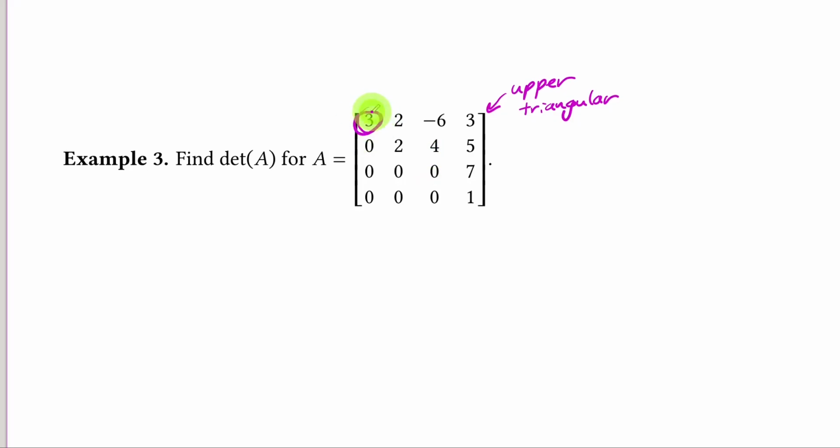I mean, it's not exactly in row echelon form, but we could use this 3 and 2 to do linear combinations of these two columns to make that -6 and 4 go away. And then that's going to be a matrix that has a 0 in one of its columns, and that determinant should be 0.